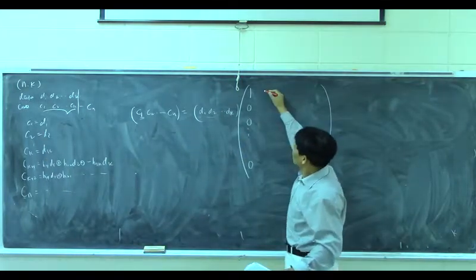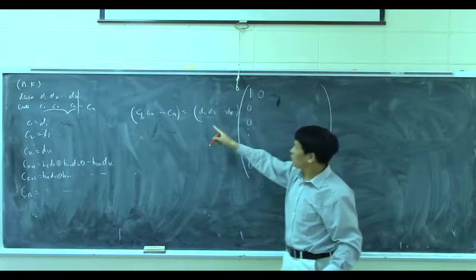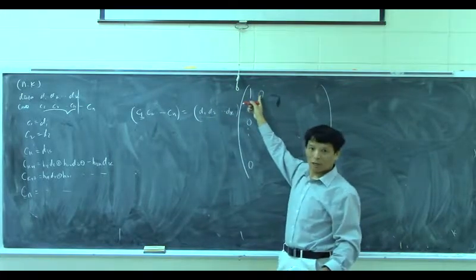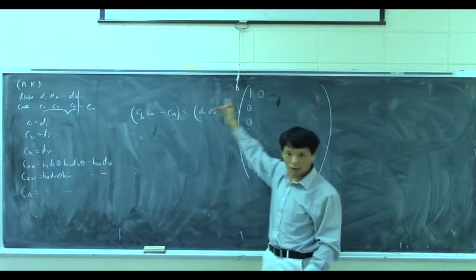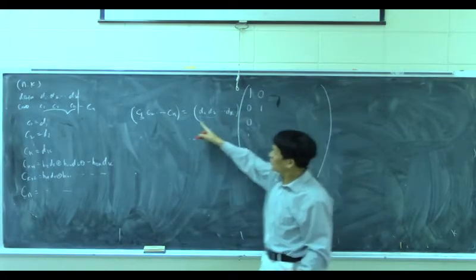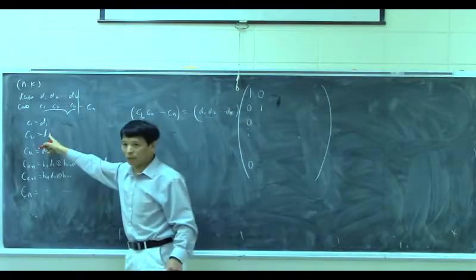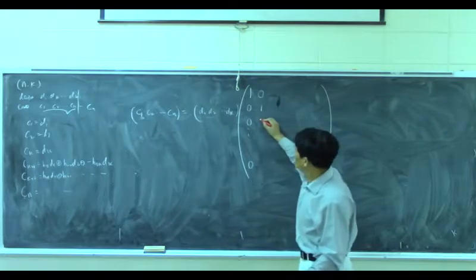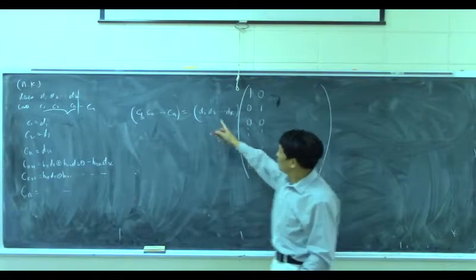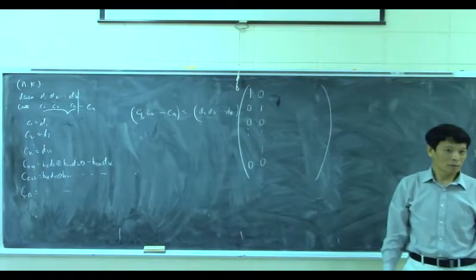So this is 0, because it would be D1 times this, and we don't have D1 over there. What is this? 1, because this one equals D2 times 1, which gives us D2. And what's next? All zeros. You see?